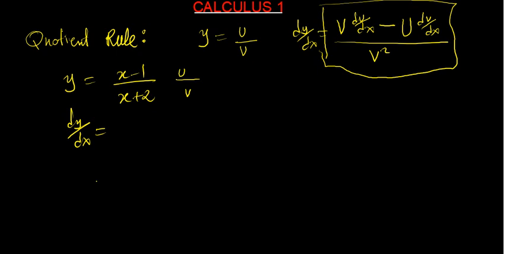So we are going to first write what is down just the way it is. So that is x plus 2. And then what is on top, differentiate it. So if you differentiate x minus 1, what do you get?